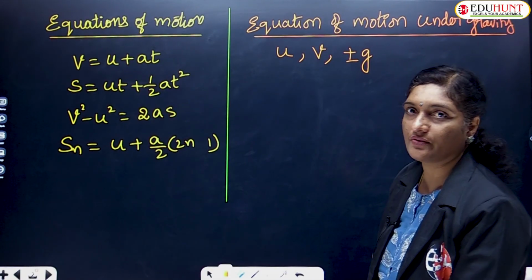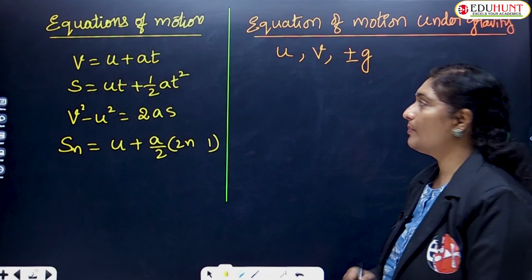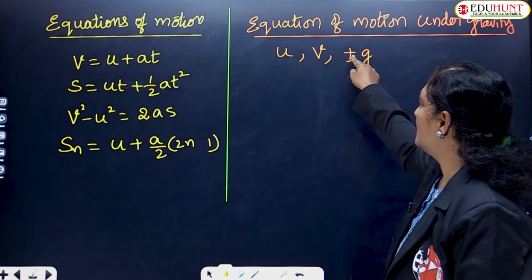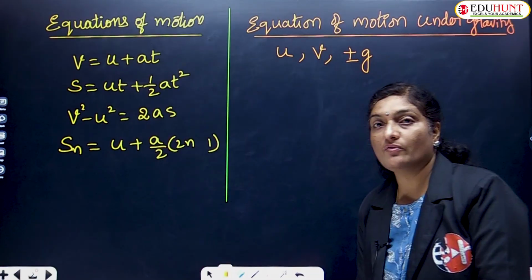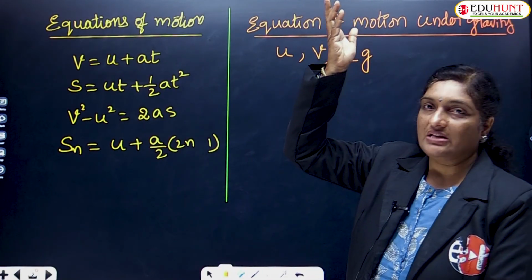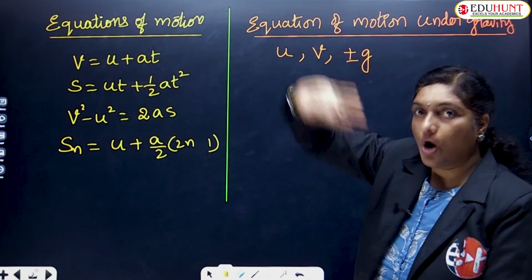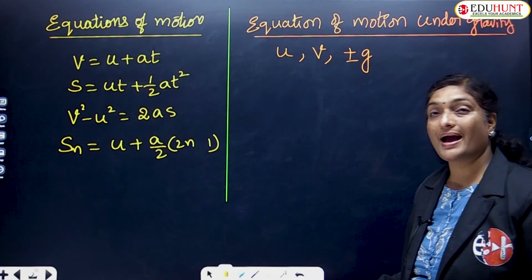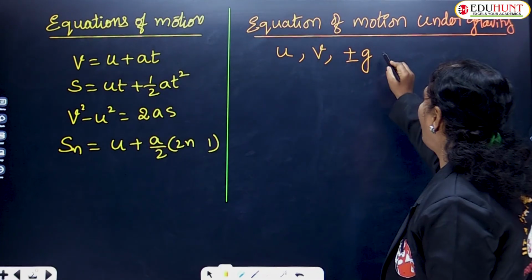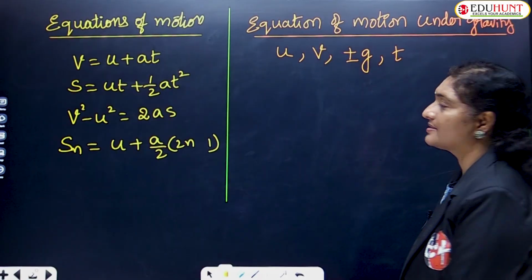So you are asked to find out the distance covered in the first, second and third second of its motion. So here we go. For the first second, second second and third second, the nth formula is what you will be using here.